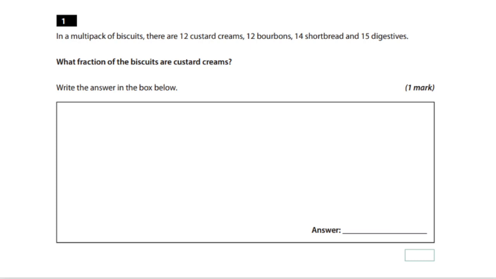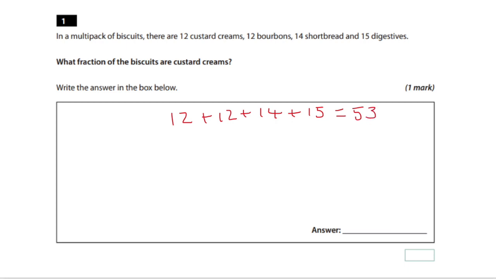So we have 12 plus 12 plus 14 plus 15. Now that equals 53.